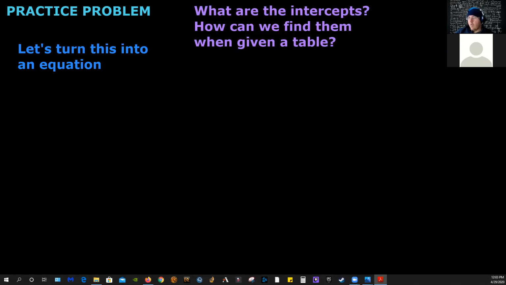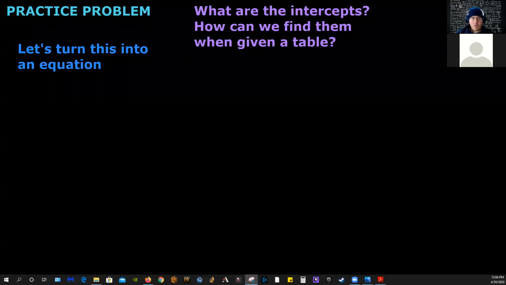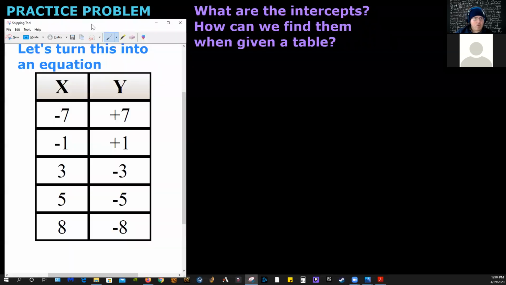All right, maybe this one won't have an origin intercept and we will be able to do more. Let's see. So the job is to try to turn that into an equation. Anyway, I'll be right back.